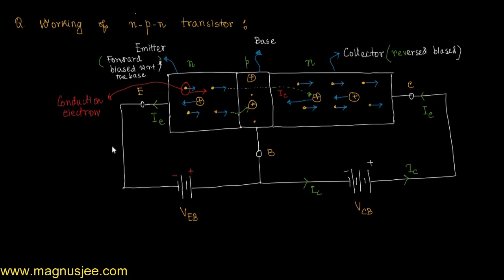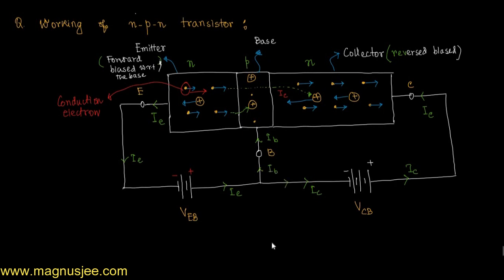In the NPN transistor, similarly, we can say in what way the base current will be produced. Base current IB will flow into the P-type base. Here IB is the base current which flows into the base, and emitter current IE will flow away from the N-type emitter.